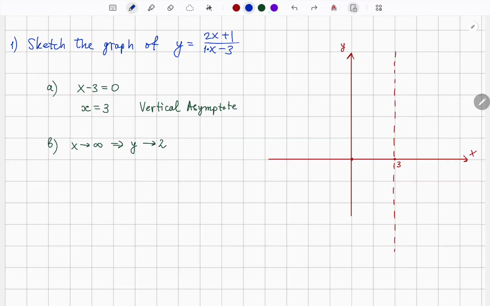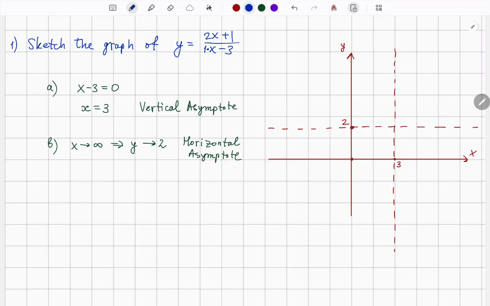So this is the horizontal asymptote. So where is 2 here? So probably it's here. Yep, it's 2. So we have 2 asymptotes for the graph.